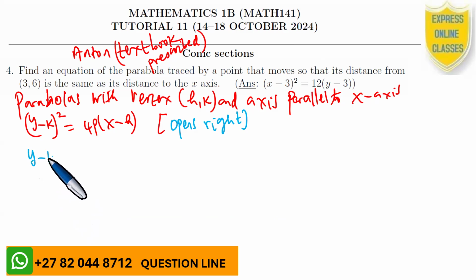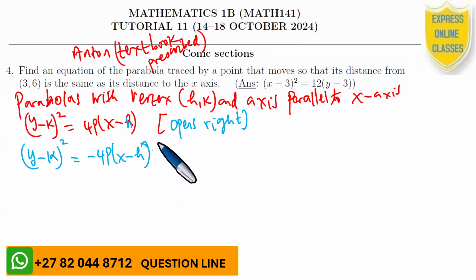There's also (y minus k) squared, but sometimes there's a negative in front: minus 4p times (x minus h). This opens left.